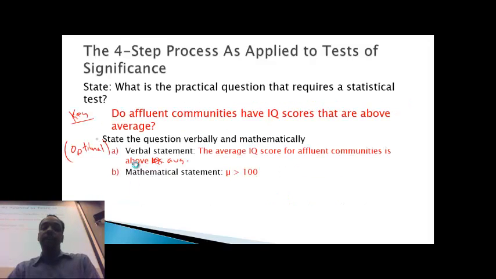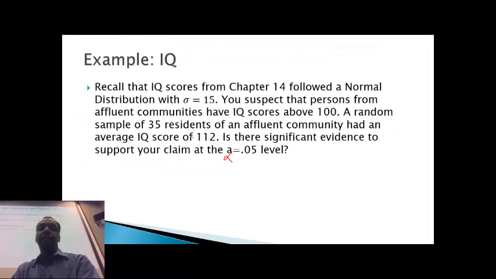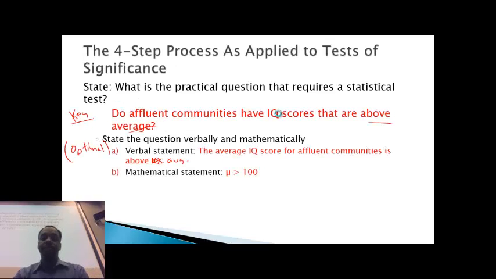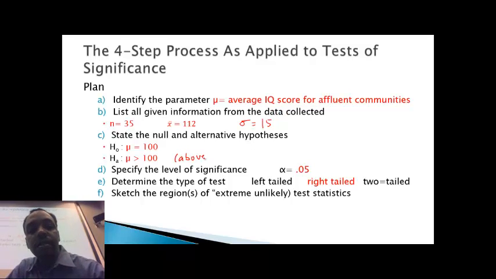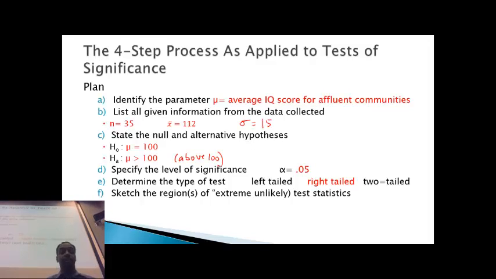Their average score was above average, or back here, yeah, they're above 100. So again, words like more than, above, greater than. Above 100 is the key there.